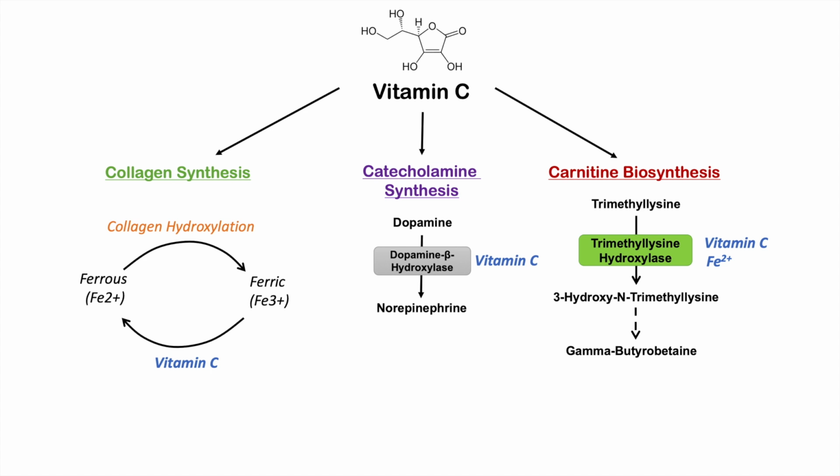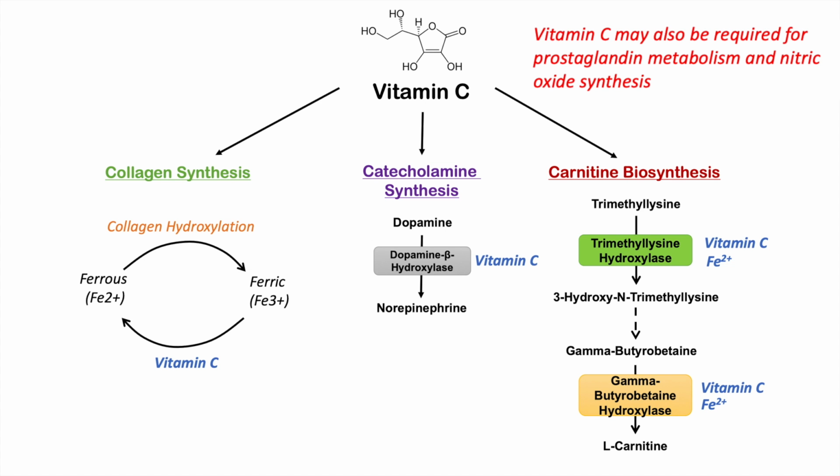And the last enzyme in the pathway, converting gamma-butyrobetaine to L-carnitine via the enzyme gamma-butyrobetaine hydroxylase, also requires vitamin C and Fe2+ as well. So the first and the last enzymes in the carnitine biosynthesis pathway require vitamin C too.